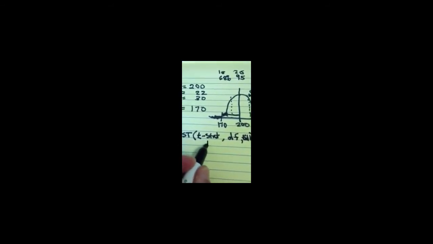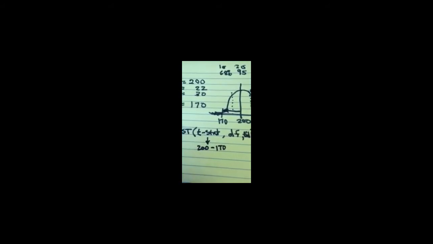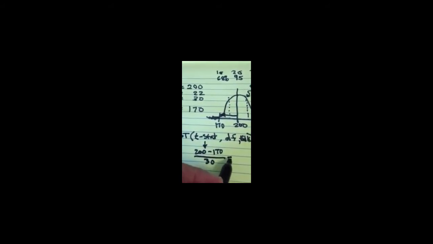And so what we're saying is, how many standard deviations over here is this? That's our t-stat, okay, which in this case is 200 minus 170, which is 30, over 22, our standard error.